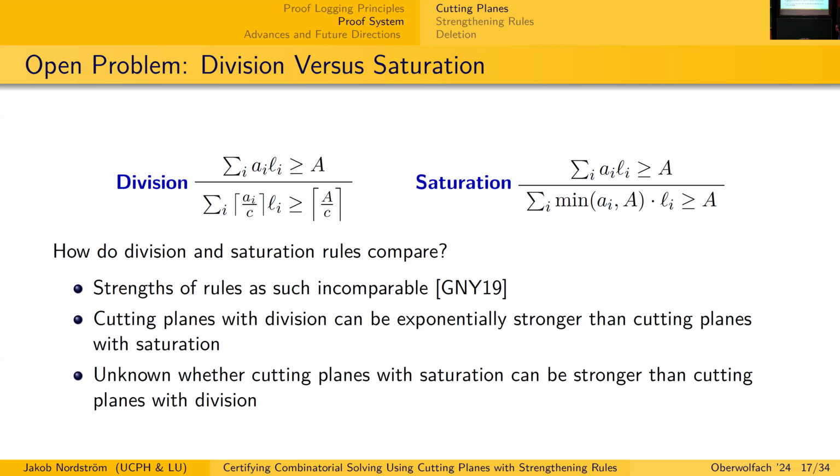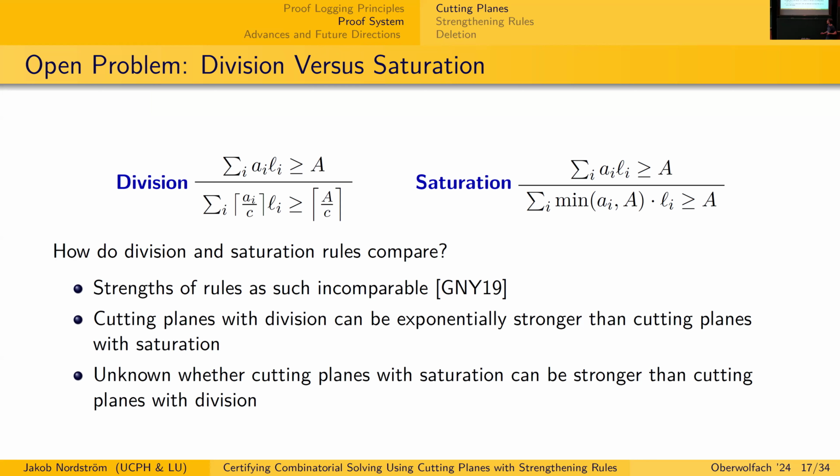But in the other direction, we don't know whether there are 0-1 integer linear programs, not CNFs, where cutting planes with saturation would be more efficient than cutting planes with division. Very interesting. Very good question.